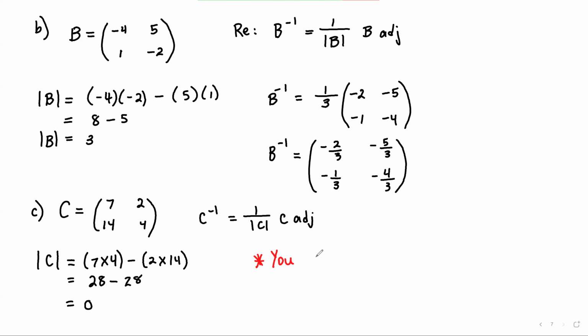You cannot find the inverse of a singular matrix, because you'll end up with 1 over 0, and you cannot actually divide by 0.